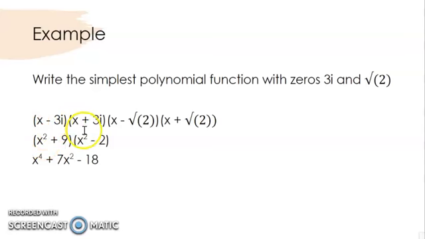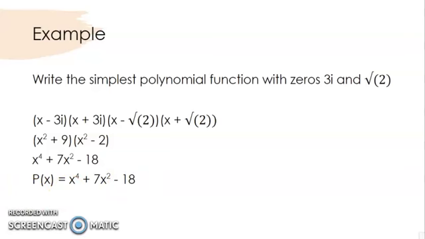So I did x squared times x squared is x to the 4th. x squared times negative 2 is negative 2x squared. And I combined it with 9x squared from 9 times x squared. And I got this 7x squared. And 9 times negative 2 is negative 18. The final step is to write it in polynomial function form. So all I needed to do was add the p of x onto it.